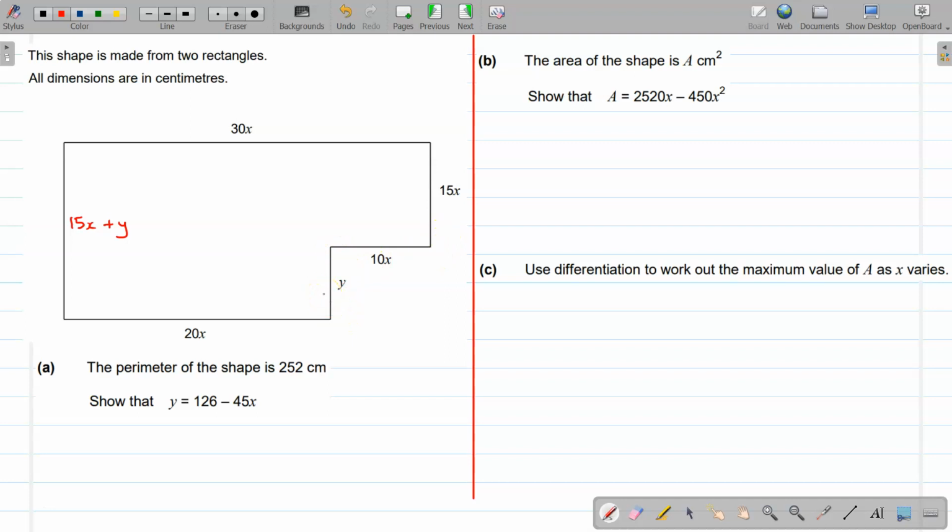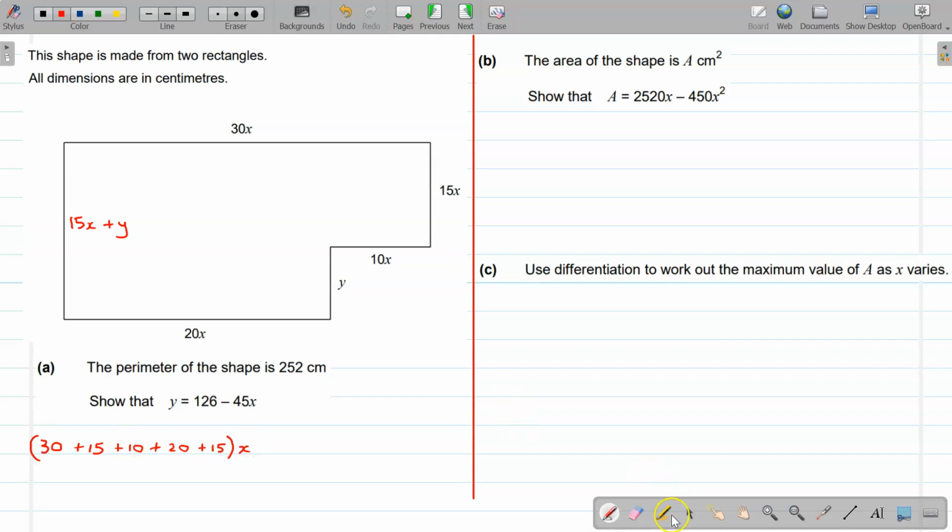So the total perimeter, I could do it like this. If I call the perimeter P, well, I don't need to use P, I can just go straight to using 252. So if I just show that I've got 30 plus 15 plus 10 plus 20 plus 15, and all those are multiples of x, so I just need to times the sum of all that by x.